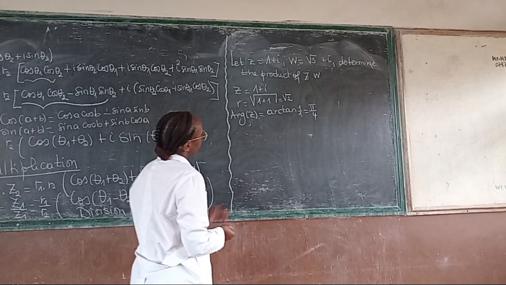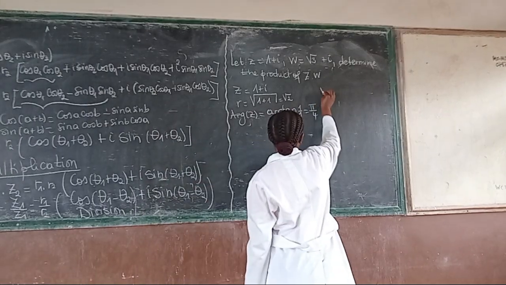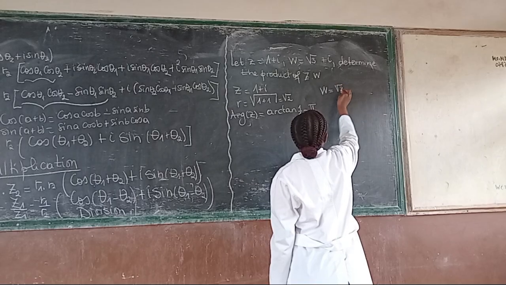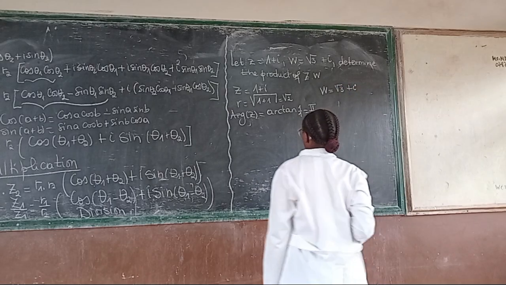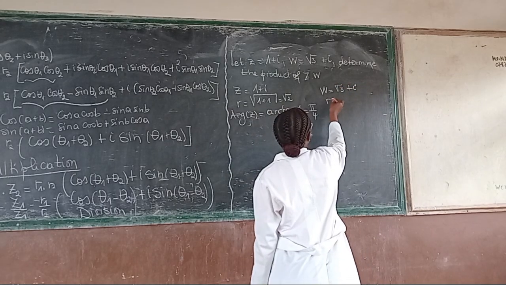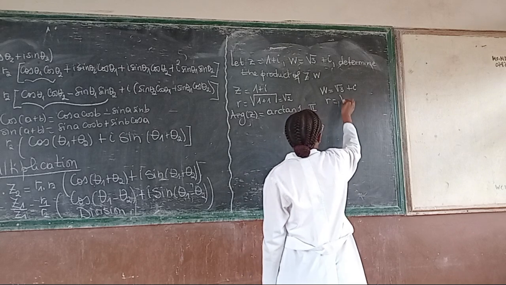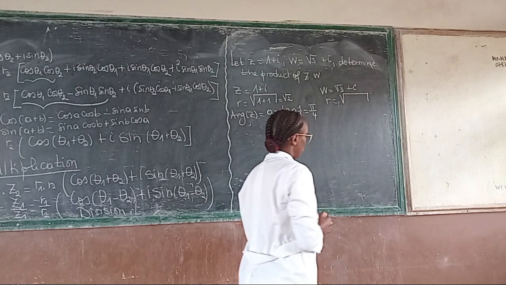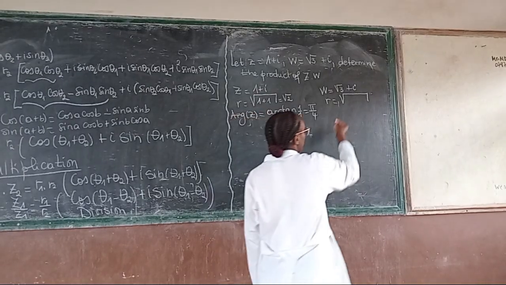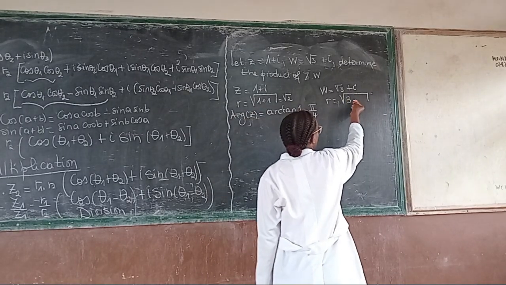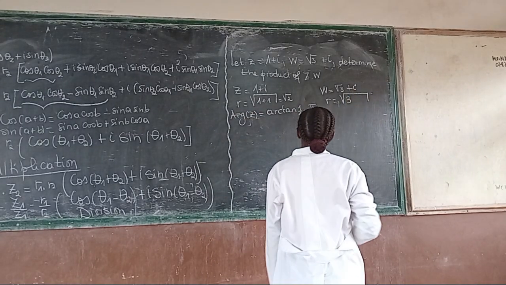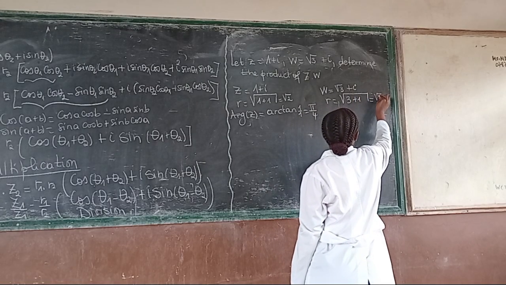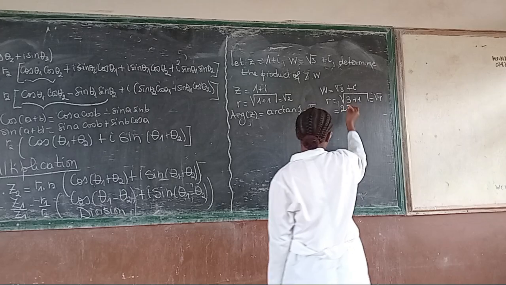Then I'm going to find the modulus of complex number w, which is square root of 3 plus I. So the modulus will be equal to square root of a squared plus b squared. A squared is the square root of 3 squared, which is 3. Then plus 1, where we have square root of 4, which will be equal to 2.